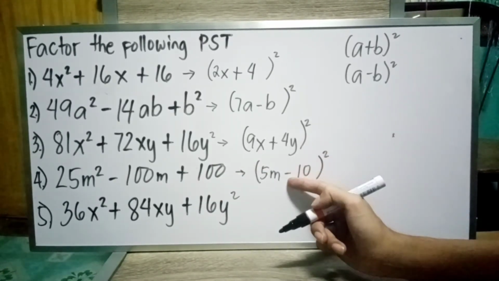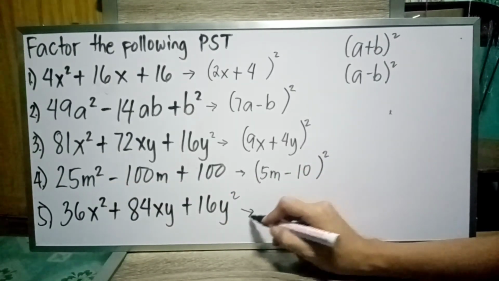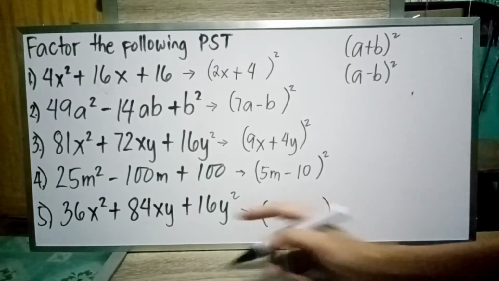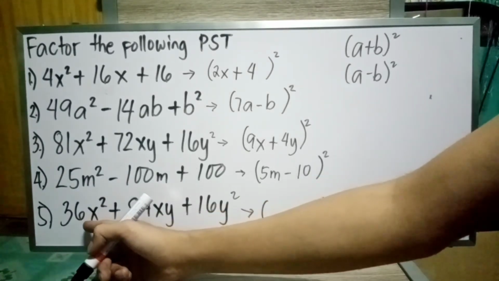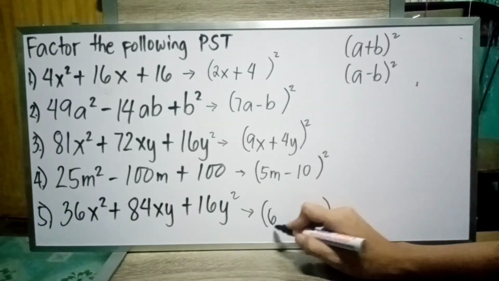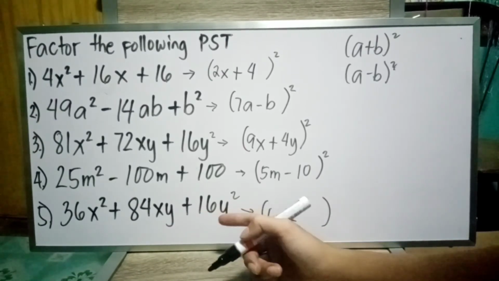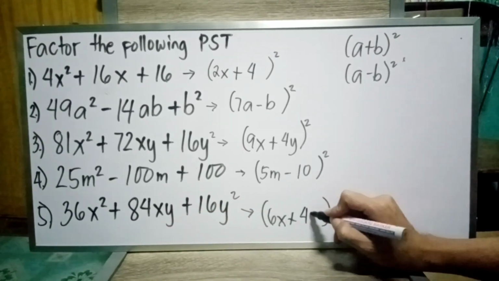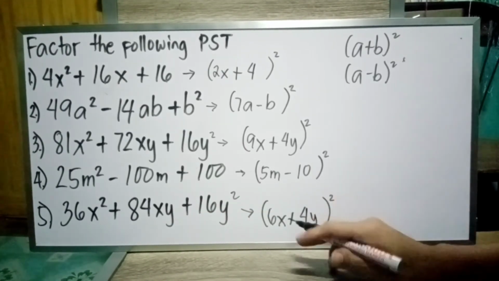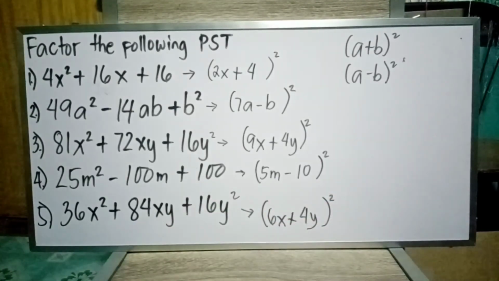Why did I use negative here? Because the middle term is negative. Next, 36x squared, square root is 6x, plus the square root of 16y squared, that is 4y, then squared. Why did I use positive? Because the middle term here is a positive number.